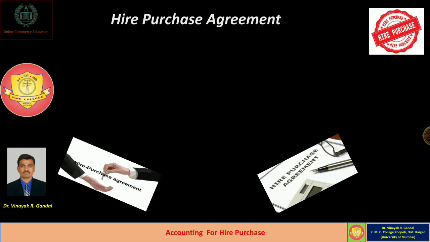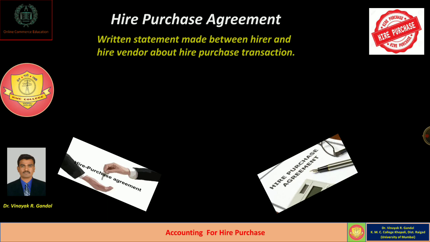Okay, so dear students, now we are going to learn about the first concept of hire purchase system, that is called hire purchase agreement. It is the written statement made between hirer and hire vendor about the hire purchase transaction.